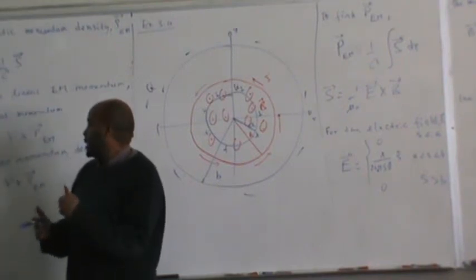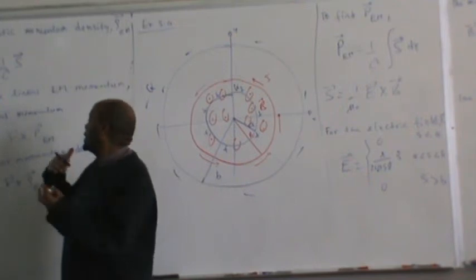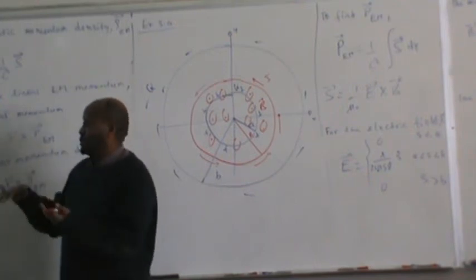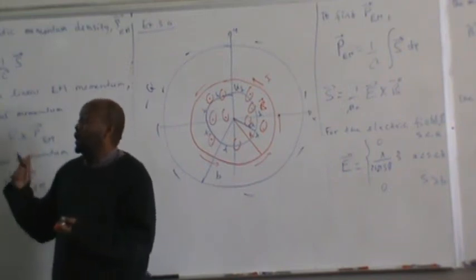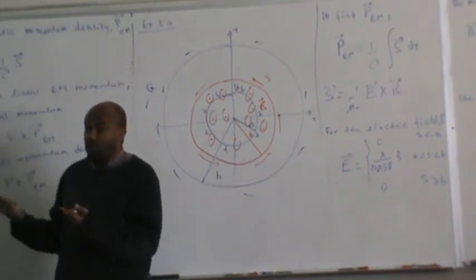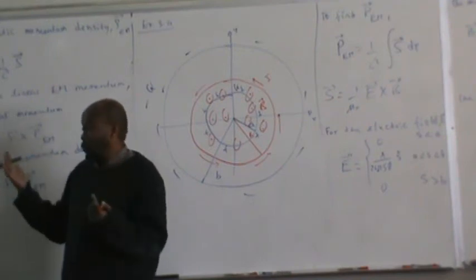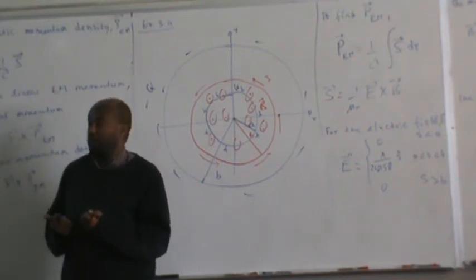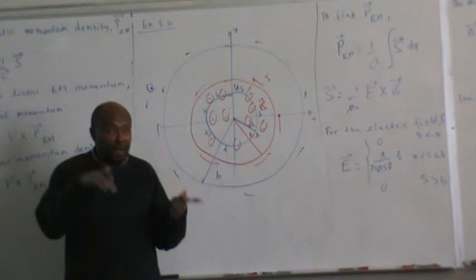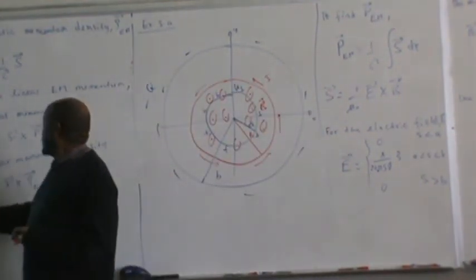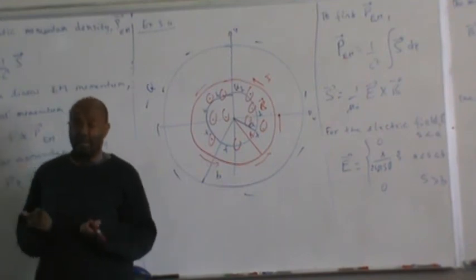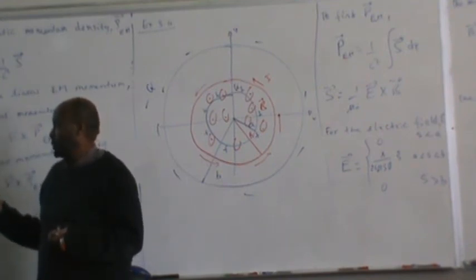So let's find out what kind of force is responsible for the rotation and calculate the torque due to this force and find the net torque responsible for the rotation. And then we will apply what we discussed about angular momentum carried by the electromagnetic field.